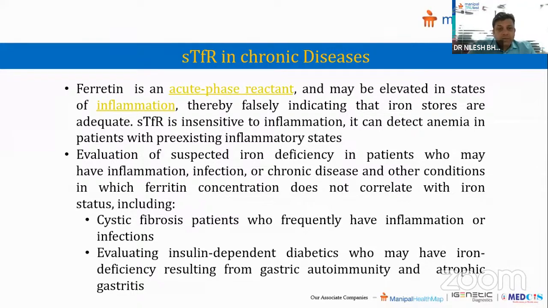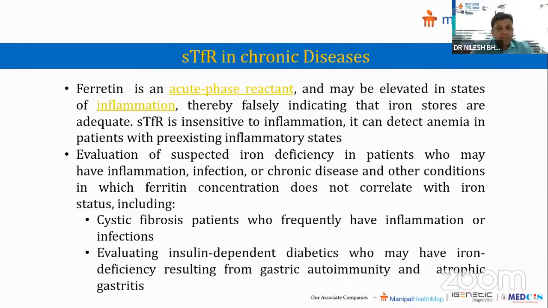But the biggest advantage of soluble transferrin receptor is that it is insensitive to inflammation. Since it is insensitive to inflammation, the levels are not affected by the inflammatory condition, and in that way, you can depend on this test to assess the iron status, particularly in anemia of chronic diseases.